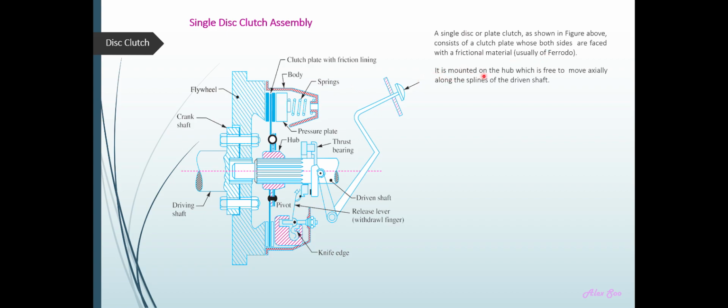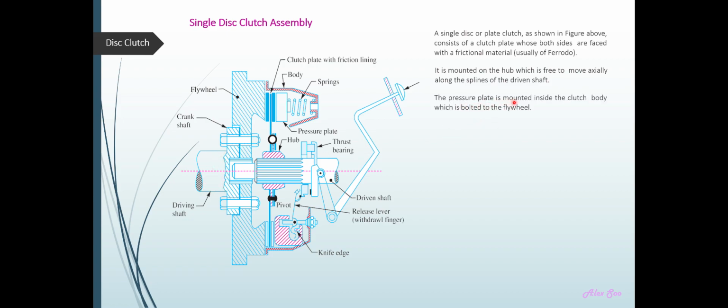Now it is mounted on the hub. The plate clutch is mounted on the hub, which is free to move in the axial direction along the splines. These are the splines of the driven shaft. So this part is actually the driven shaft. This part here is the driving shaft.